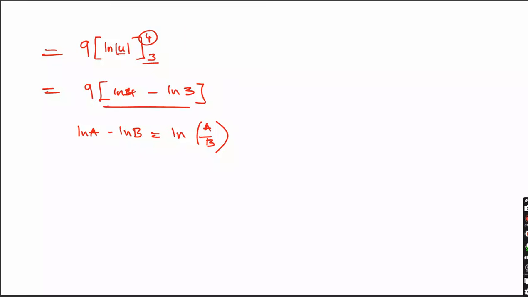So this can also be written as 9 ln 4/3. So that's how you go about these questions. So we've covered almost everything which you need to know about integration. We only answered one question on application, but we are going to provide more.